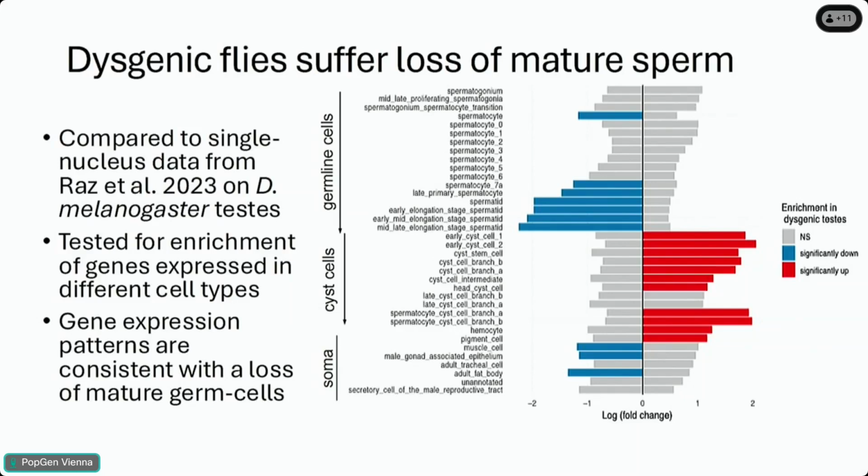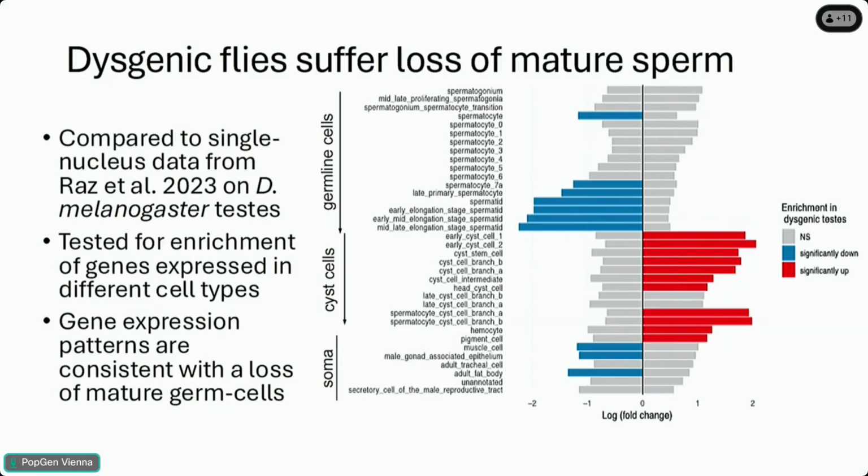So we looked at what cell types were enriched or de-enriched in dysgenic testes. And what we see here is on the top, you've got your germ cells. So these are the sperm as they're developing, starting with the initial stem cells and going on towards mature sperm cells. You've got the cyst cells, which are somatic cells associated with sperm cells, again going through development from top to bottom. And then you have other somatic cells associated with testes, like muscles.